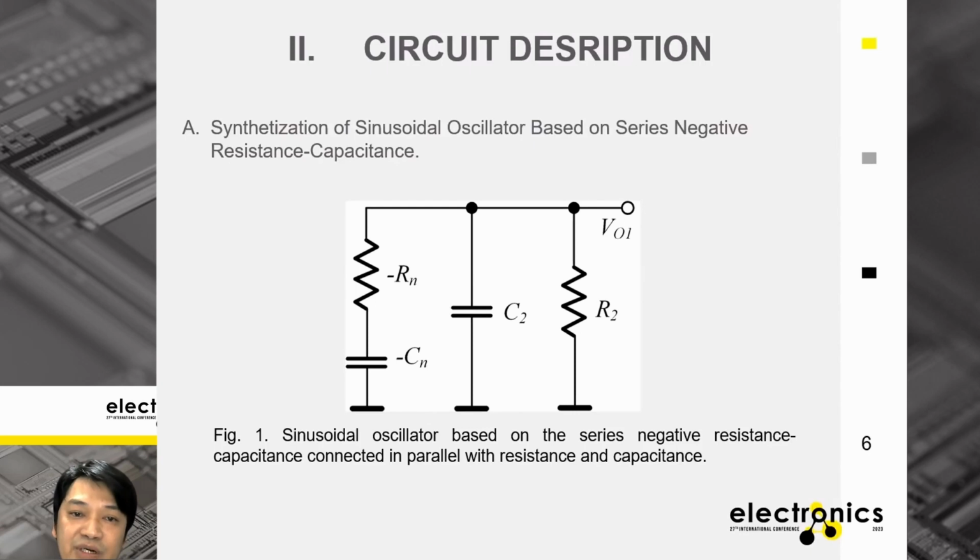But in this paper, the synthesis makes use of the arrangement of the series negative resistance and capacitance, called Rn and Cn. They are connected in parallel with the resistor and the capacitor as shown in the picture.